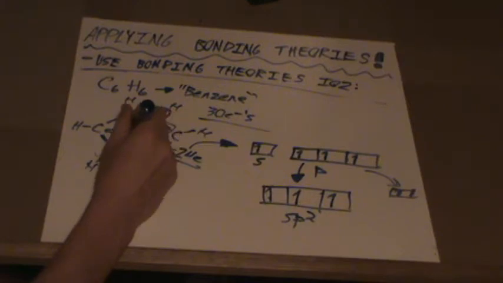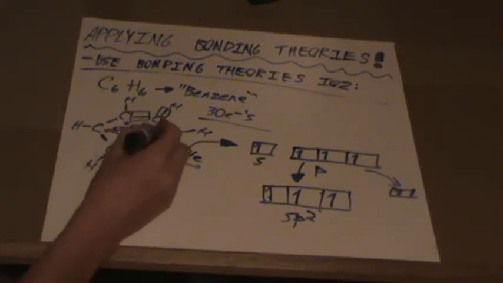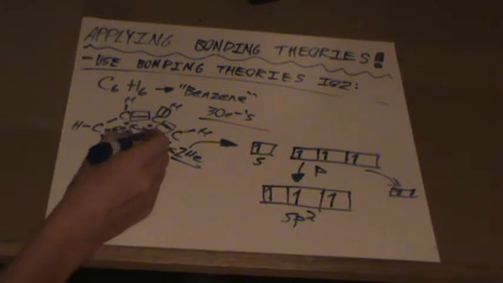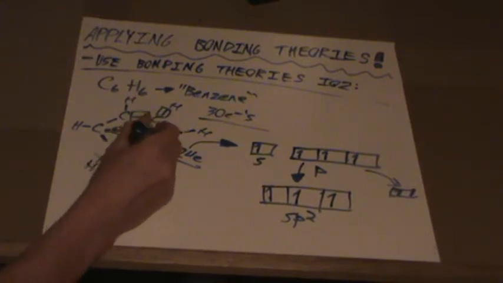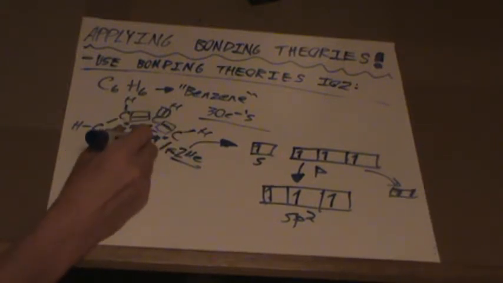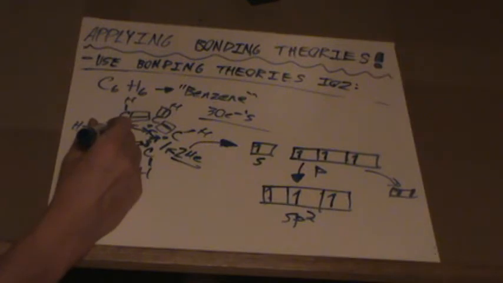And so we're really starting to see how these arrows are going to go back and forth. And then this electron can bond here and here.